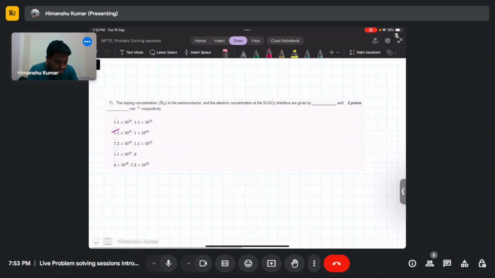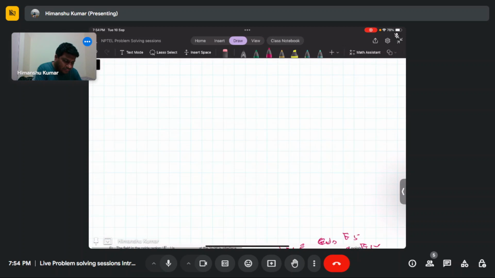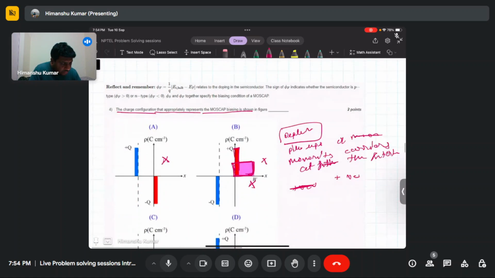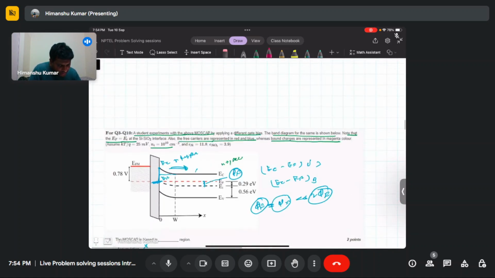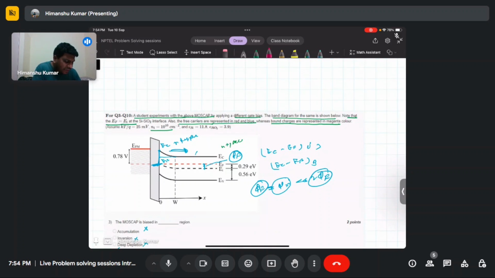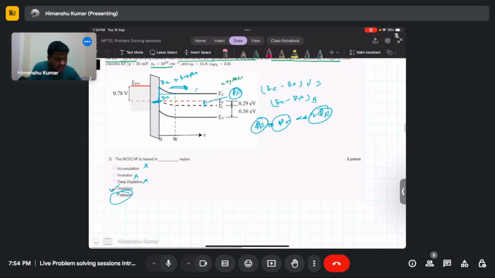Next, the doping concentration in the semiconductor and the electron concentration at the Si-SiO2 interface is given by this, so you can calculate it. E_F minus E_i is given as 0.29 electron volt.